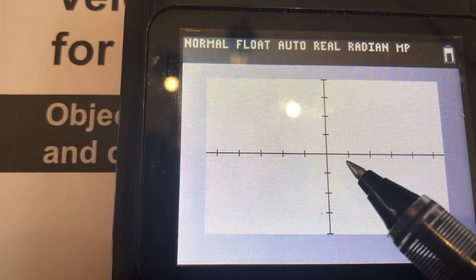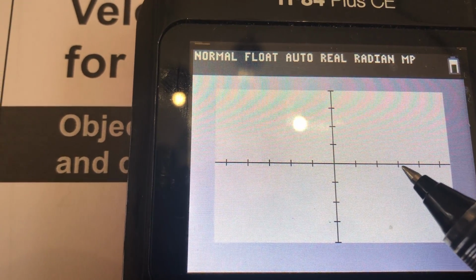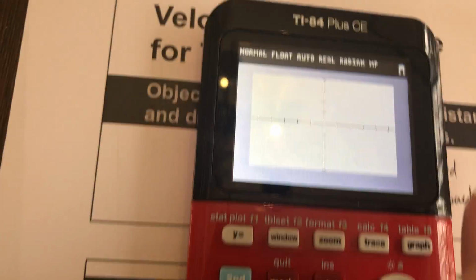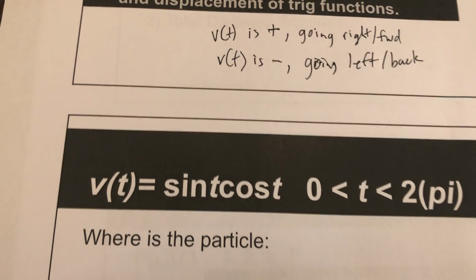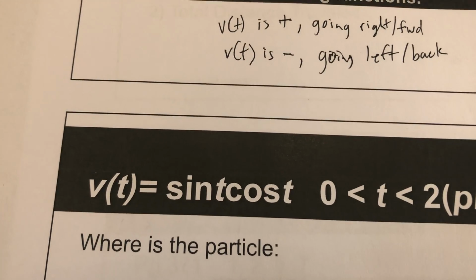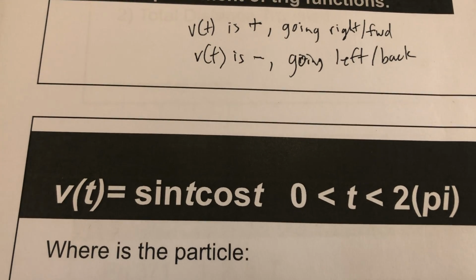So this one is pi over 2, this one is pi, this is 3 pi over 2, and this is 2 pi. So our first function is sine of t, cosine of t from 0 to 2 pi.